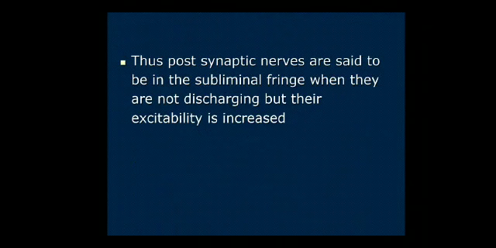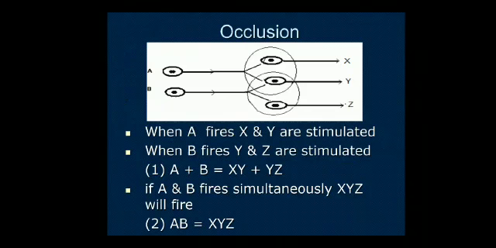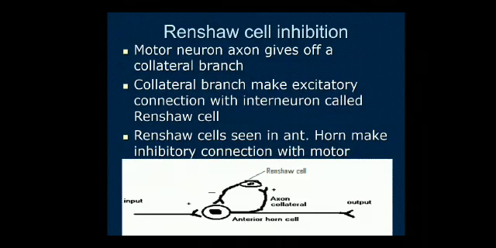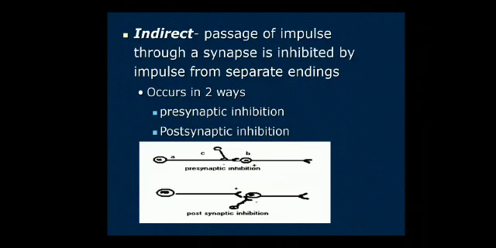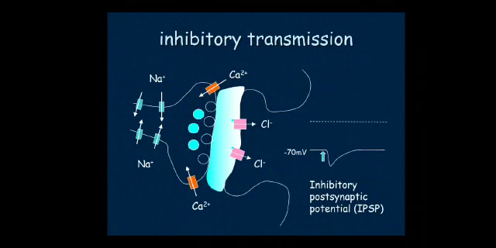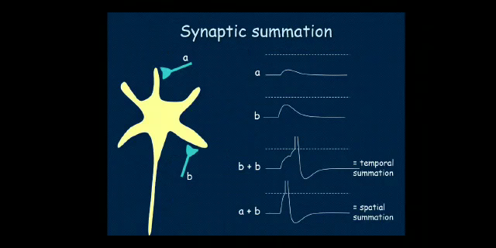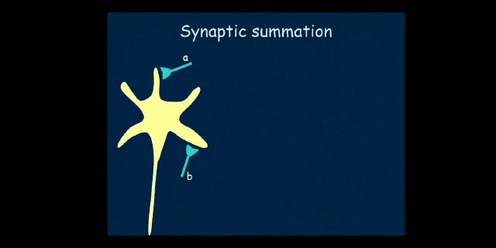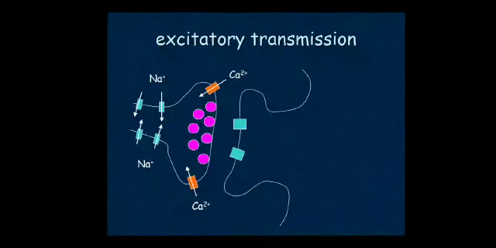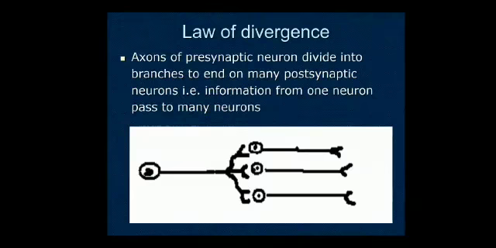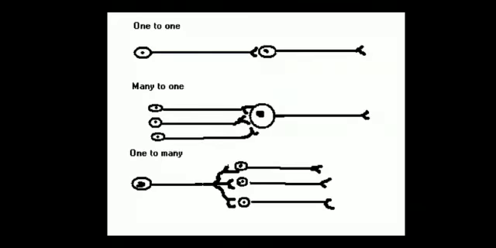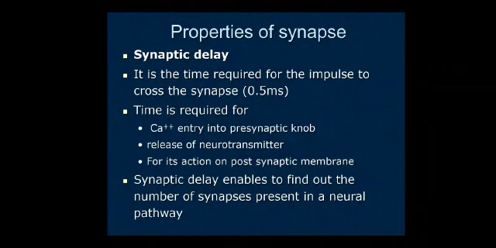So we are left with the properties of the synapse. That I will discuss in the next class, but we'll discuss 2-3 properties of the synapse. First property is synaptic delay.